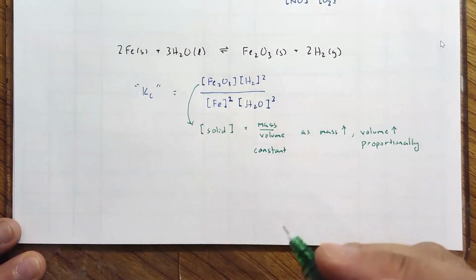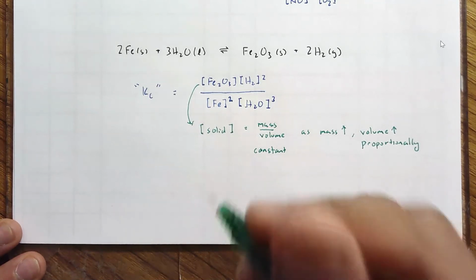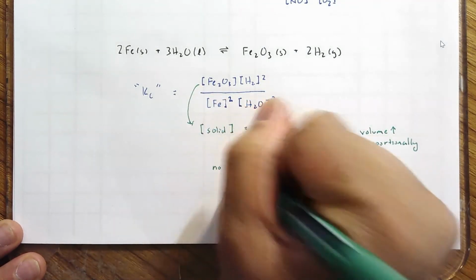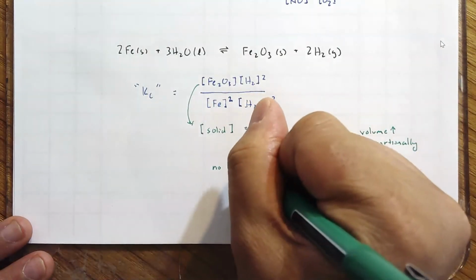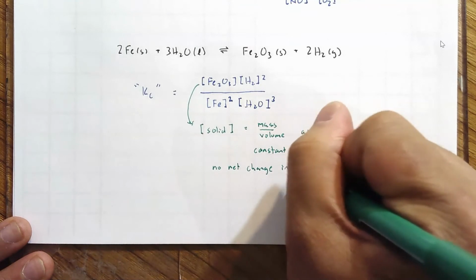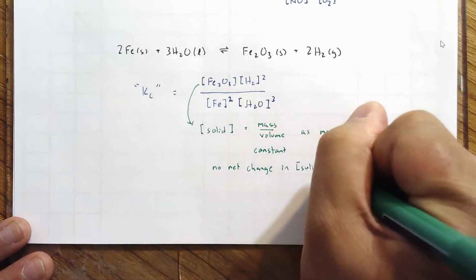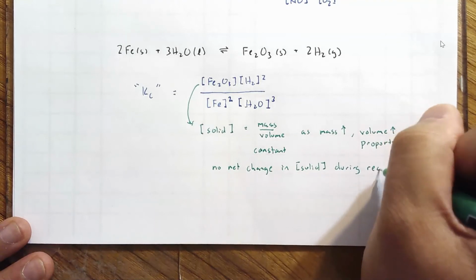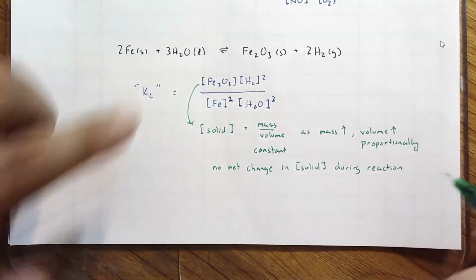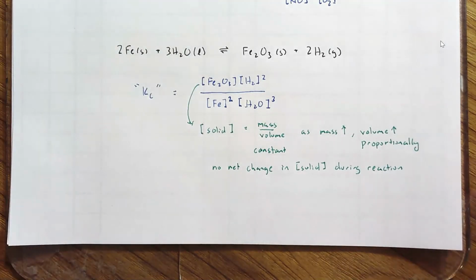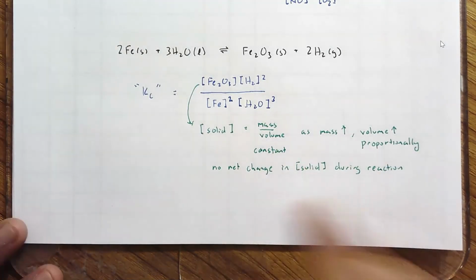So again, there is no net change in solid concentration during reaction. Even if you go down to no solid, it's still technically the same concentration.